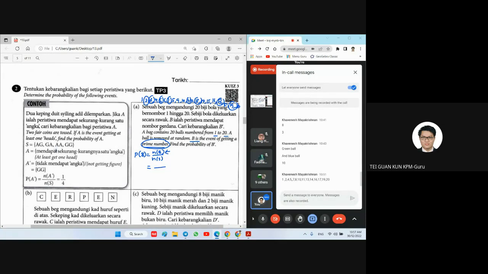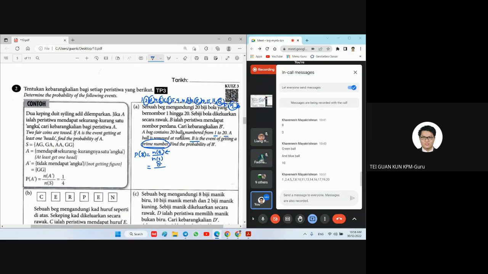Okay, Fadilah said it fast. Okay, hopefully correct. 2, 3, 5, 7, 11, 13, 17, 19. So, how many prime numbers? 8. 1, 2, 3, 4, 5, 6, 7, 8. So, there are 8.